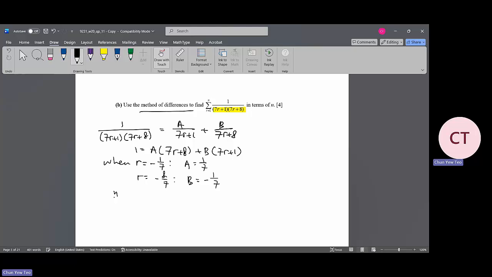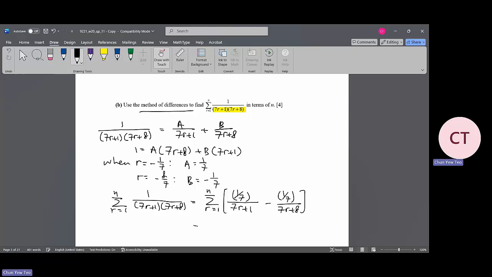So from here, we are ready to decompose these single fractions into the difference between the two fractions: 1/7 of 1 over 7r plus 1, minus 1/7 of 1 over 7r plus 8.